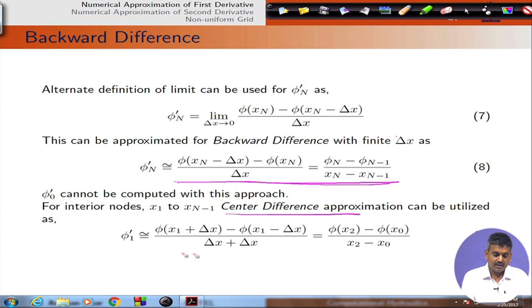In center difference approximation, we take the difference of phi at x1 plus delta x and x1 minus delta x, divided by 2 delta x. 2 delta x is the distance between the two nodes x2 and x naught in this case.